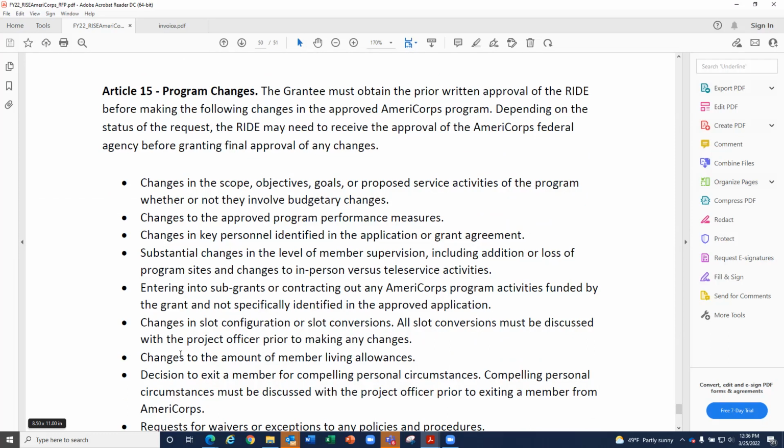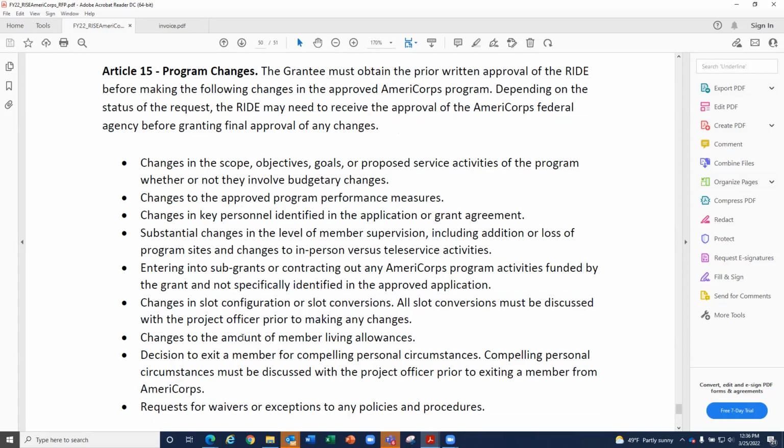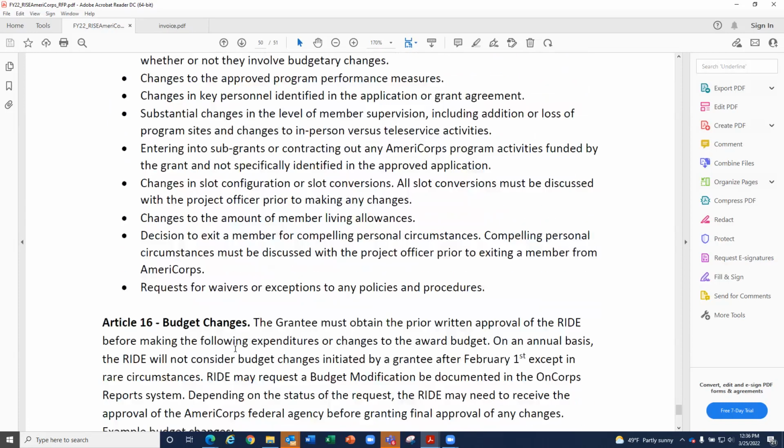There are things you might want to change, like how much you pay the Americorps members in living allowance, or you might have staffing changes, or you might need to exit a member. There's just a lot of times where we ask you to communicate with us, and those are detailed in the terms and conditions. And we also provide you with more information and training about that afterwards.